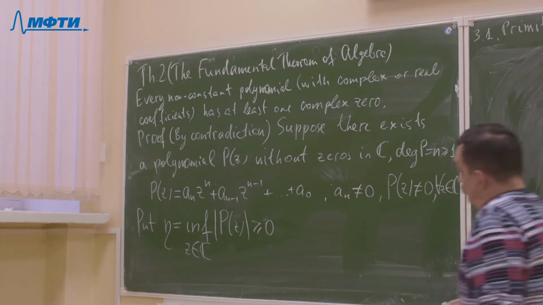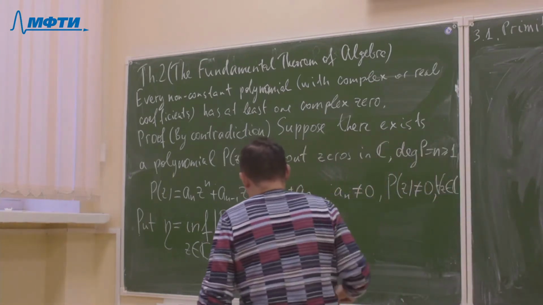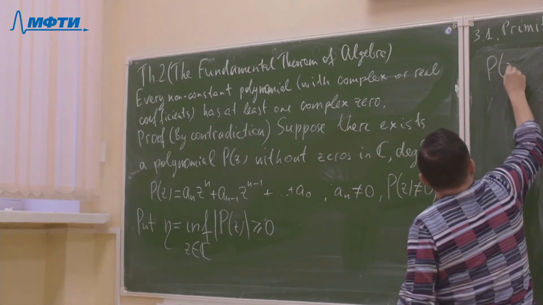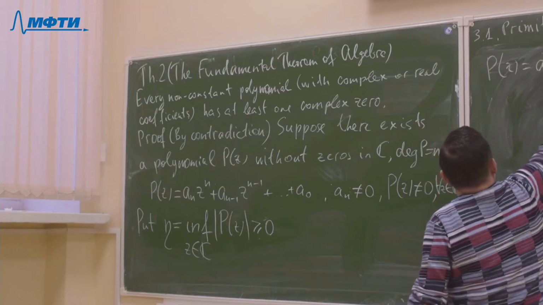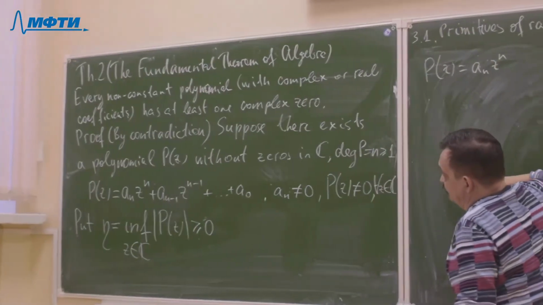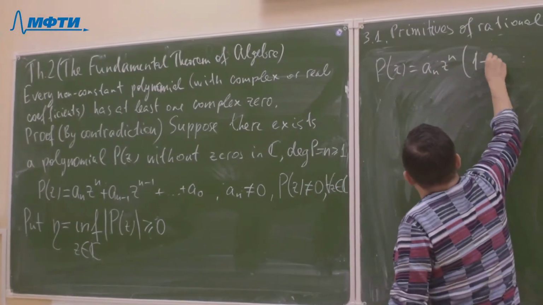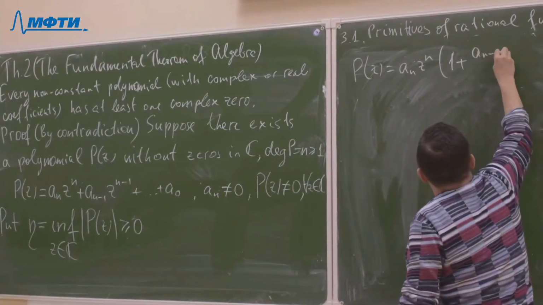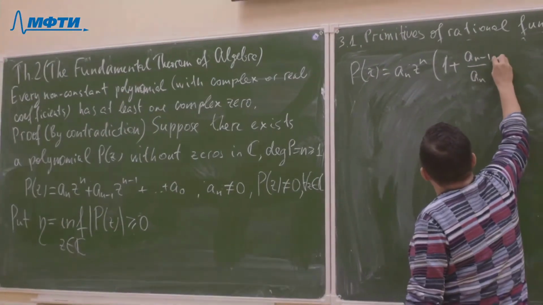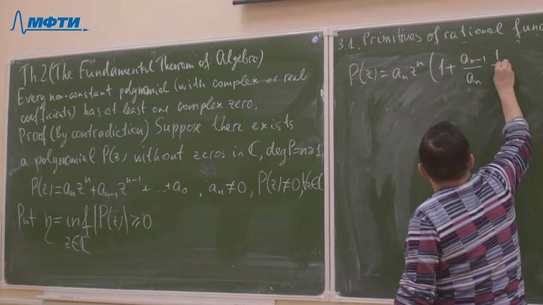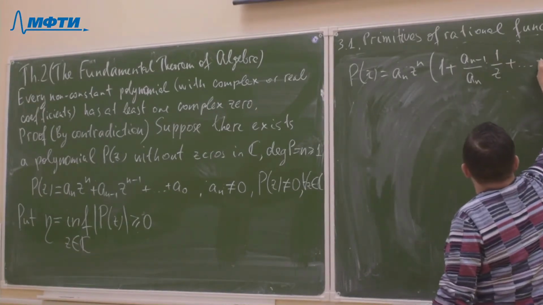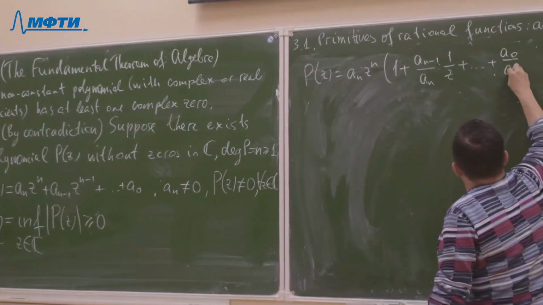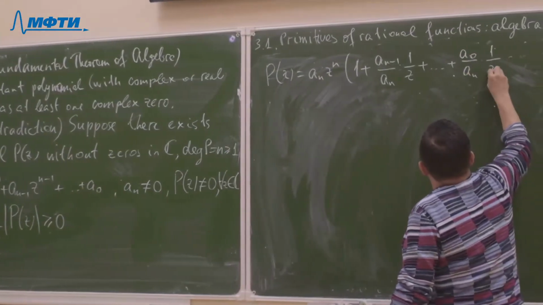Okay, now let us rewrite our polynomial in the following form: a_n z to the power n times (1 plus a_{n-1} over a_n times 1 over z plus and so on plus a_0 over a_n times 1 over z to the power n).